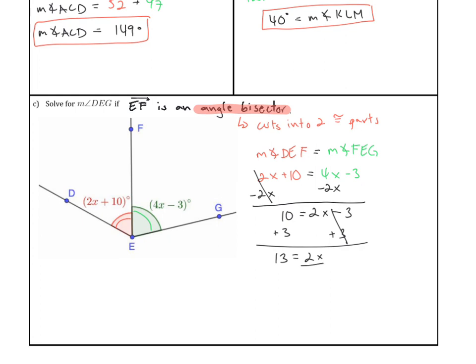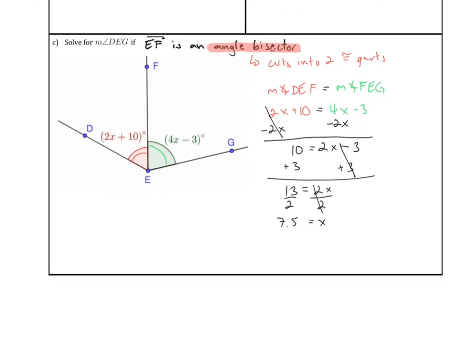Finally, dividing by 2 on both sides, we get that x, right, because our 2's cancel out, so I'm left with x on the right side is equal to 7.5. Now, keep in mind that we are not done after solving for x because, again, the problem is asking us to solve for the measure of angle DEG, which is the entire angle right here.